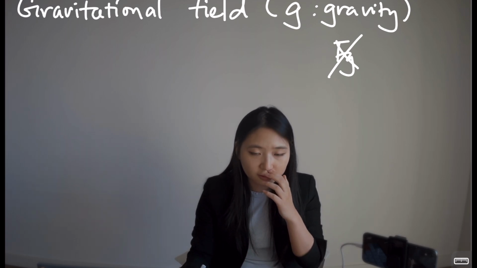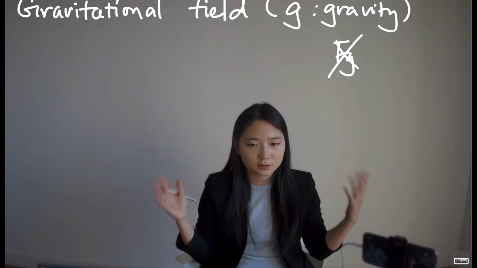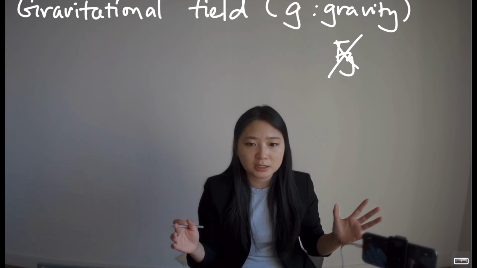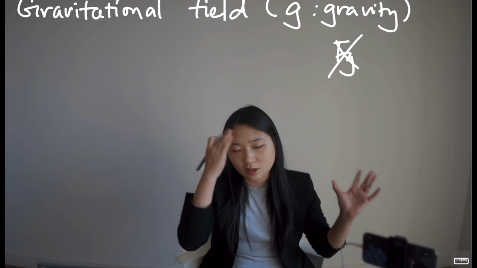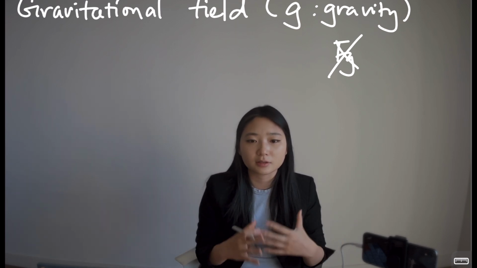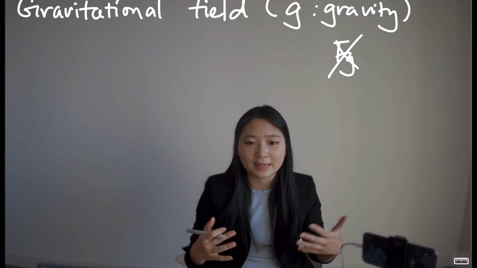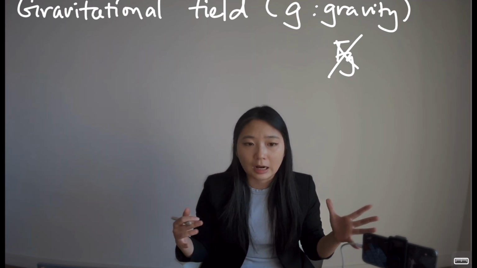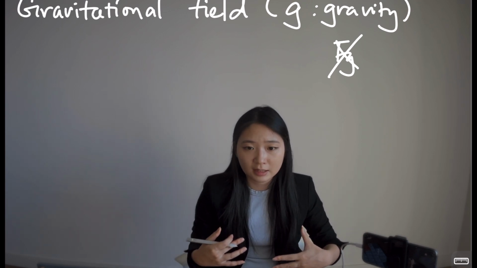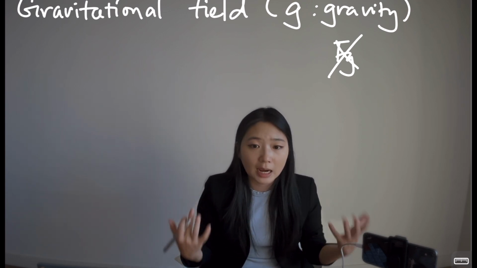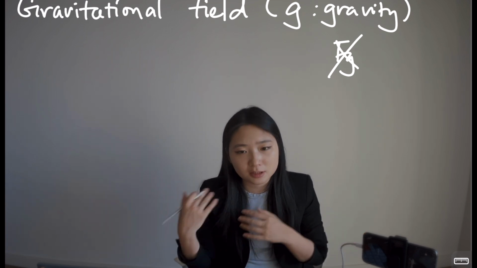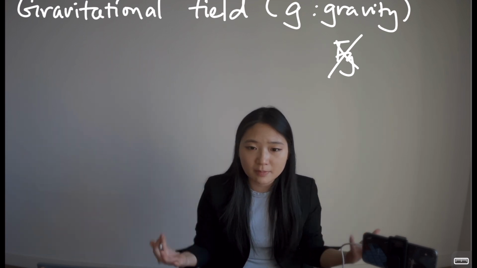Well, then what is a gravitational field? Think of the term field. Field means a space, like the space where the children just played a soccer game with each other, or the field where you work. So here in physics, field means a three-dimensional space. Once an object enters this space, it will experience some type of force. Sometimes it's electric force, sometimes gravitational force, sometimes magnetic force.